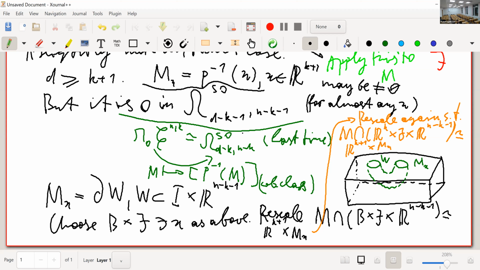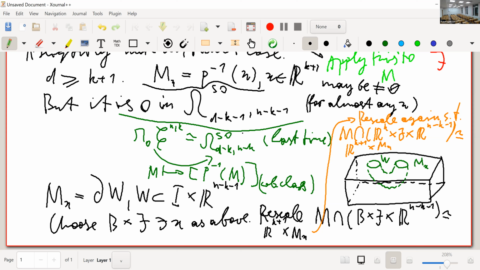Now let's have a look at this again and let's ask ourselves whether or not this makes any sense. So let's look at the first step. Does the first step make any sense? The statement makes sense. I'm not sure why can we do this.